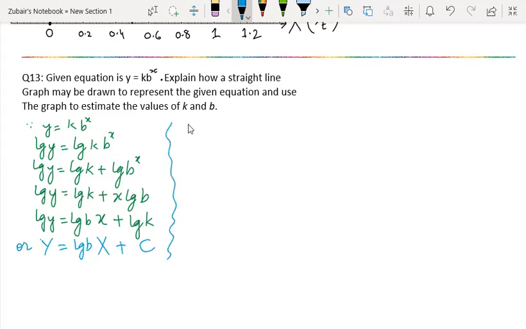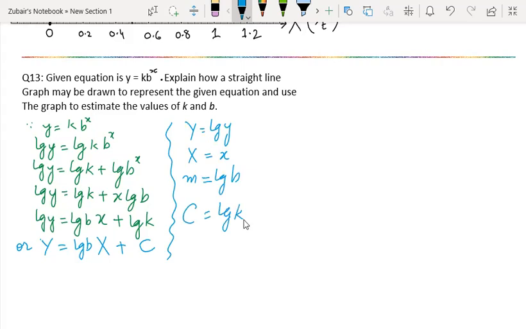We can say that Y is equal to Lg y and X is equal to x and m is equal to Lg b and C is equal to Lg k.